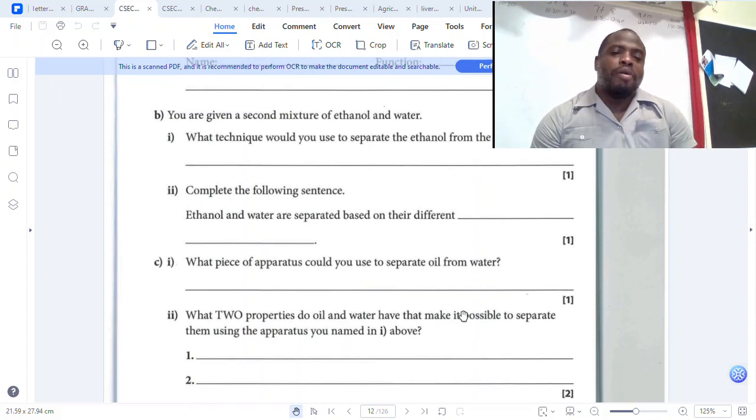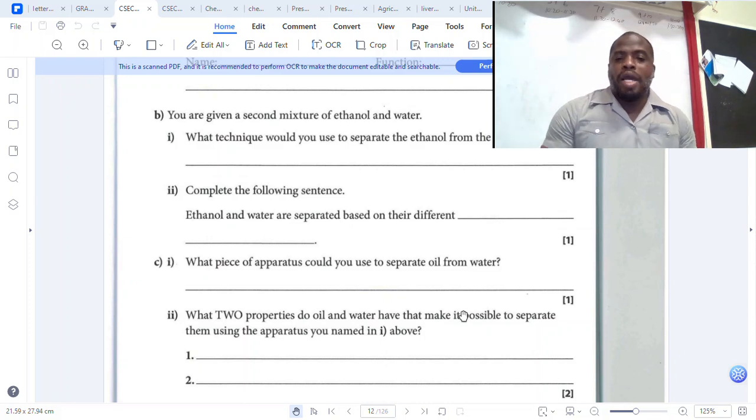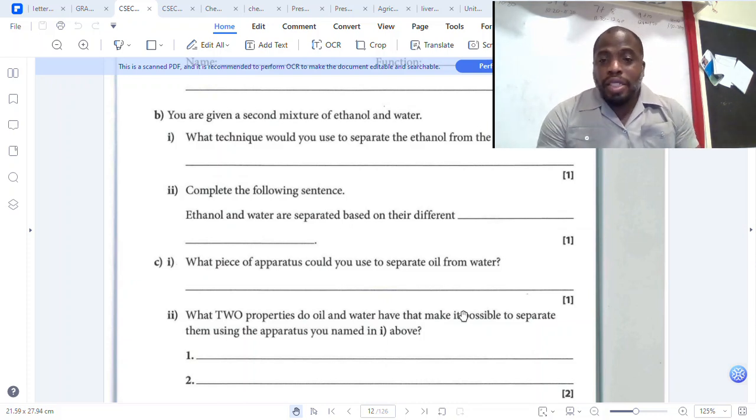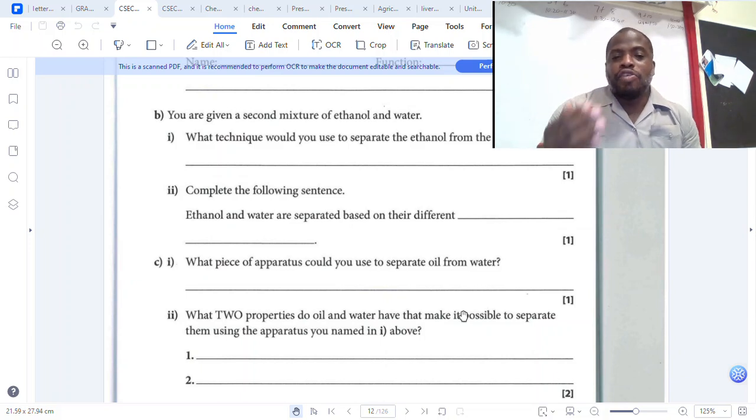What piece of apparatus would you use to separate oil from water? Now, oil from water, we now have what we call immiscible liquids, where these two liquids don't mix. And so we use what we call a separating funnel. And that is used to separate two liquids that are immiscible.